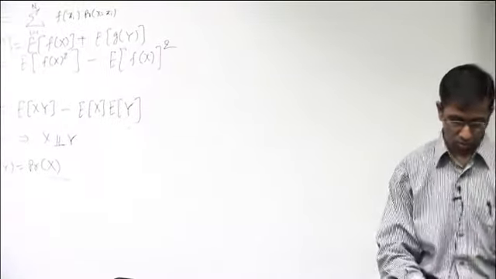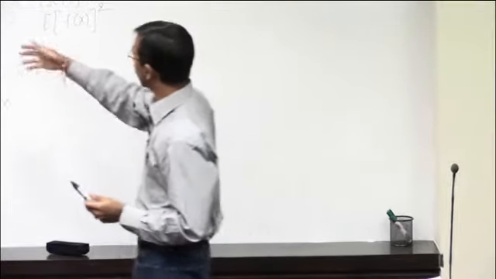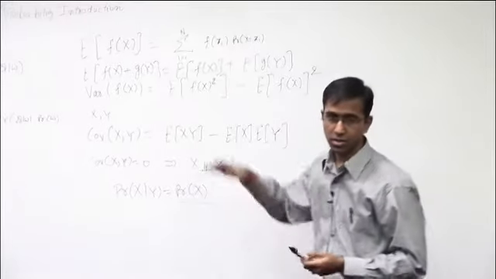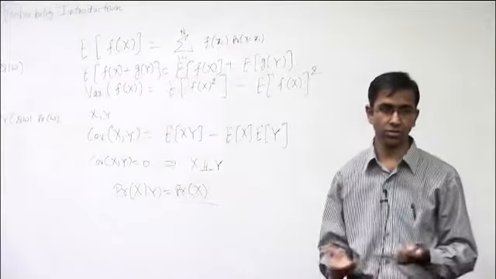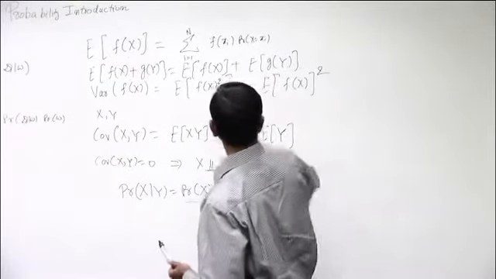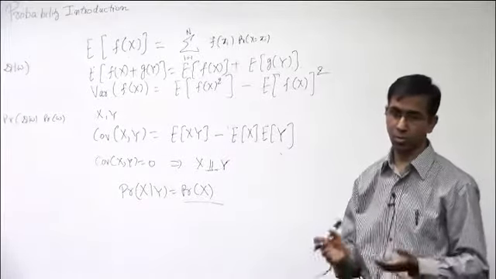Okay, so now that we have defined these basic things, so far I've just talked about discrete random variables. We can define exactly the same things for continuous random variables. There we will not have a probability distribution function, but we'll have a probability density function.